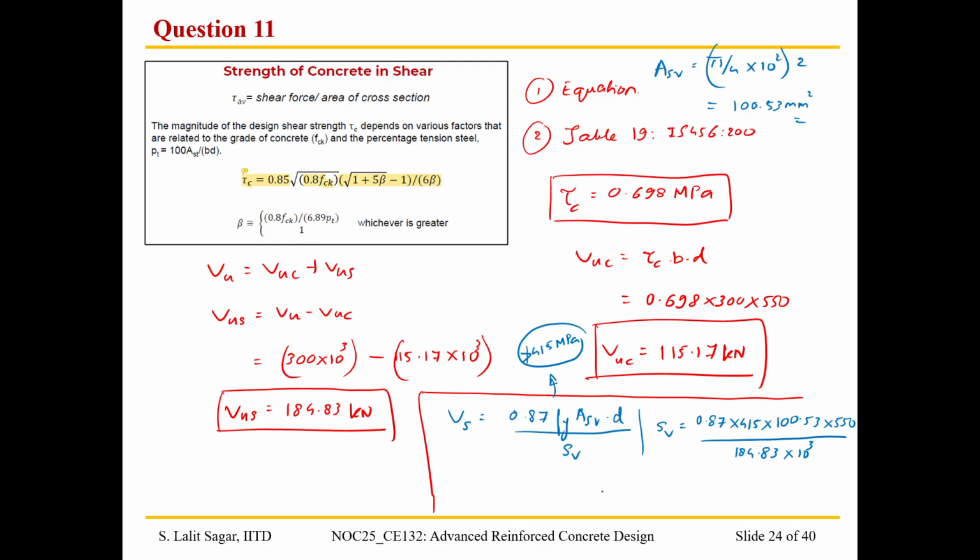Can you please calculate and tell me what SV we are getting? 108 mm. Okay, can you please verify? Because I'm getting a value of 169 mm. I will also cross check that once again, because here Fy has to be 415.